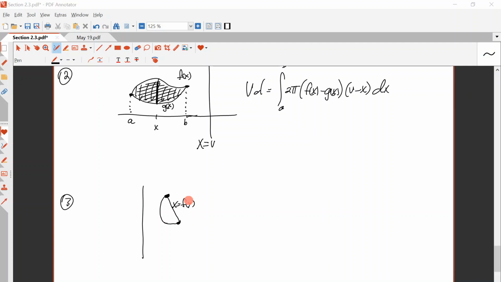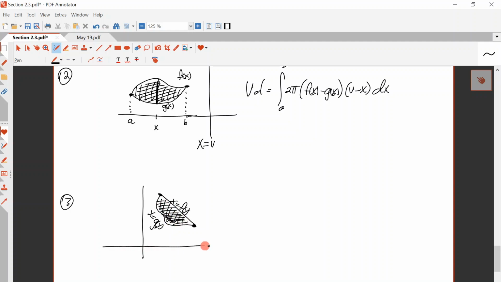Let me make that bigger. So this is x equals f of y, x equals g of y, so here we've got right minus left.